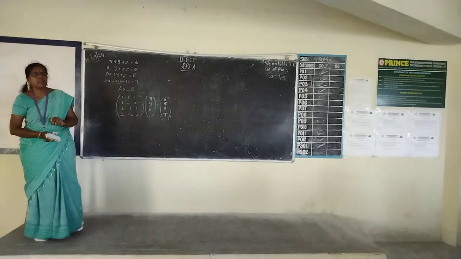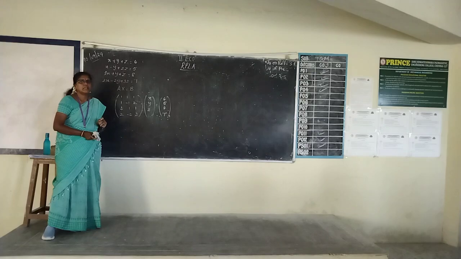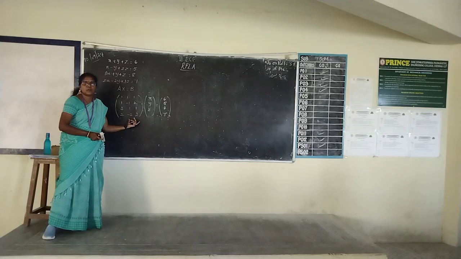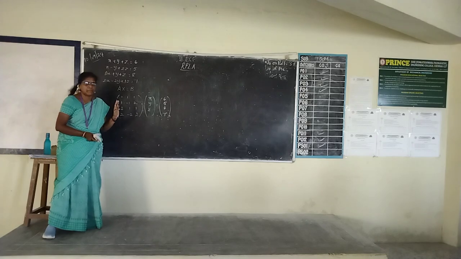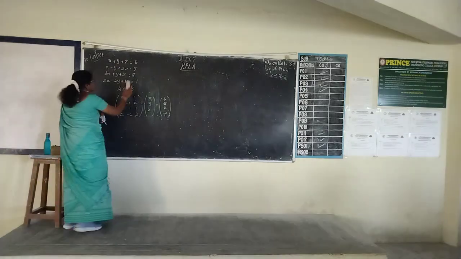What is the augmented matrix? Matrix A along with matrix B is called the augmented matrix. So write the next step.